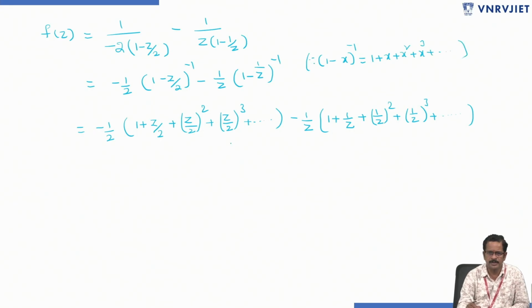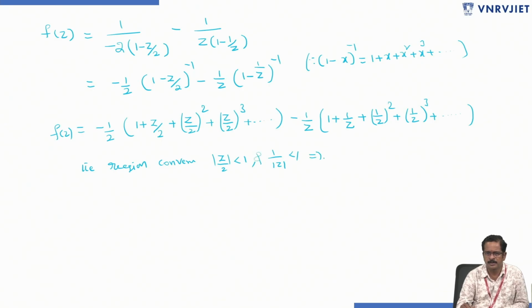Okay, so these expansions are in terms of z by 2 and in terms of 1 by z. So what is the region of convergence? Here mod z by 2 less than 1 and 1 by mod z less than 1.